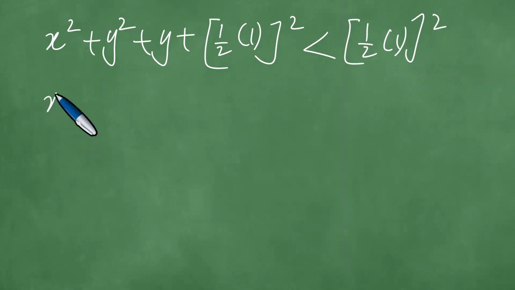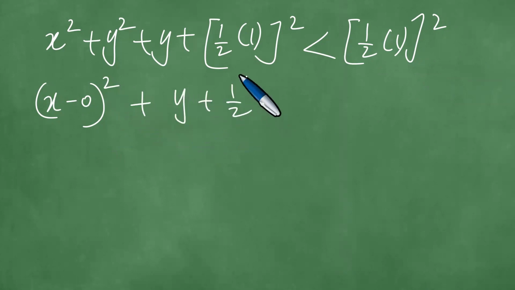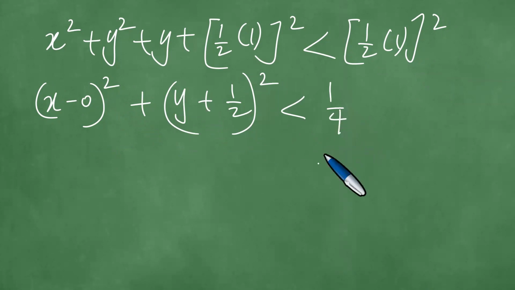Which means we have x minus 0 squared plus y plus 1/2 squared is less than 1/4.